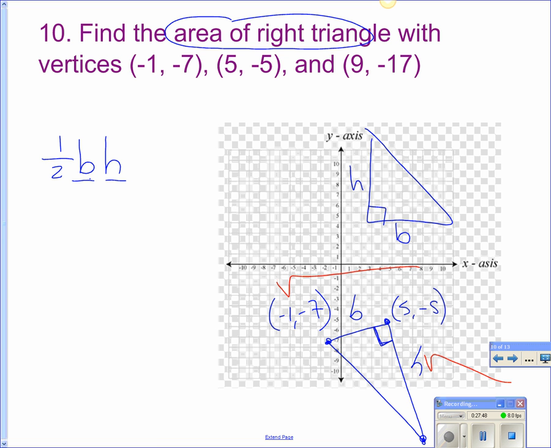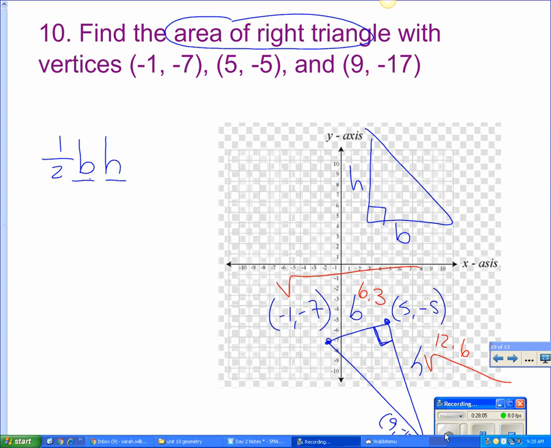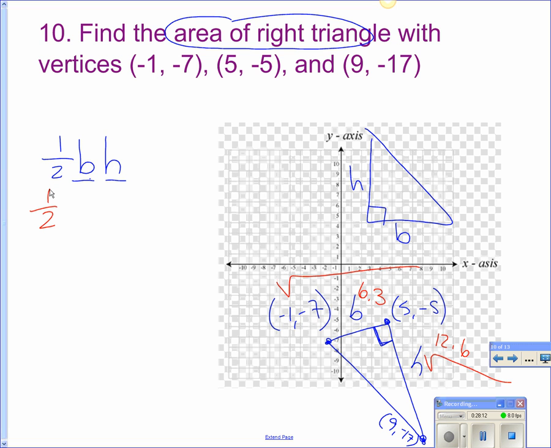Okay. All right, so go ahead in your calculators, pick one of them to do. So you need to do this one. You also need to do this one. So you get 6.3 is the base, 12.6 is the height. Last thing I do is put them into this formula. 1/2. What's happening here? Multiplying.